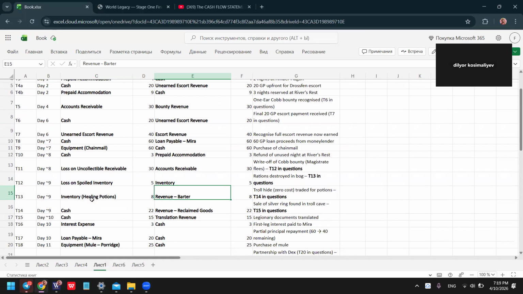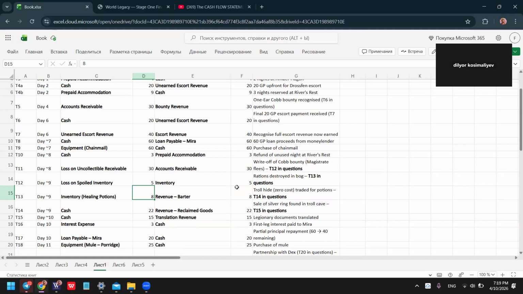This 8 is kind of the profit that we got from the sale, from the exchange, but it was not a direct cash profit. It was just value, worth 8 golden pieces, but not in cash itself.